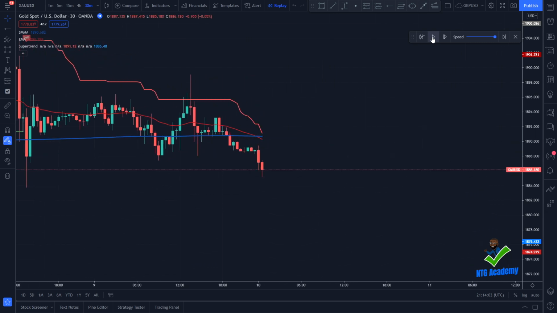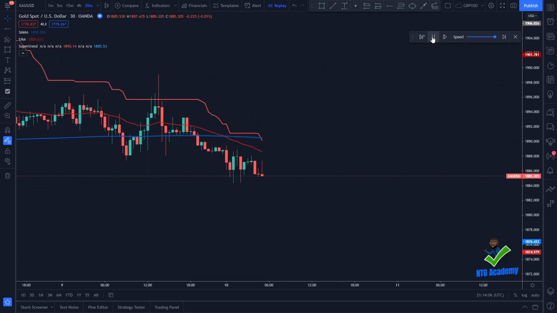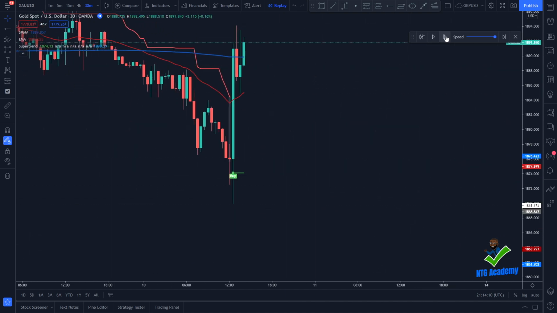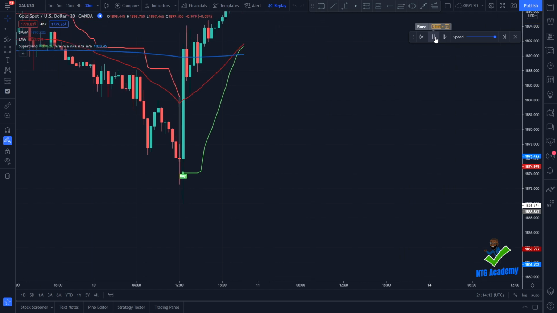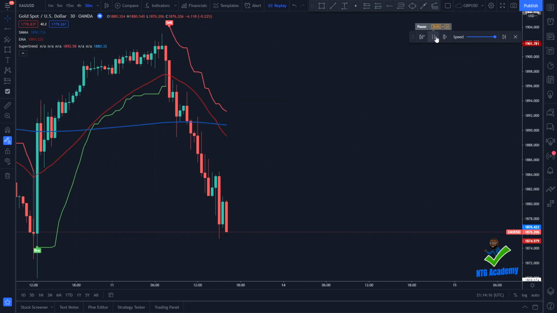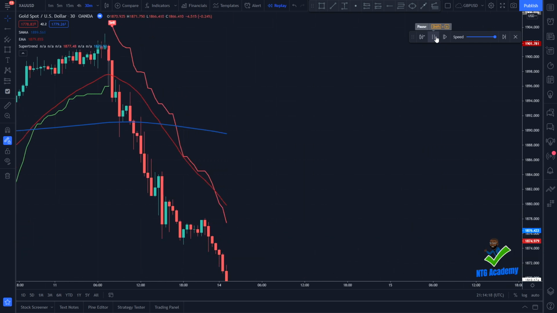Just waiting to see if the market is going to start going below. Yes. All right, so now we're starting to go below. Nope, still consolidating. All right, so gold is consolidating. Probably a lot of market manipulation going on right now.